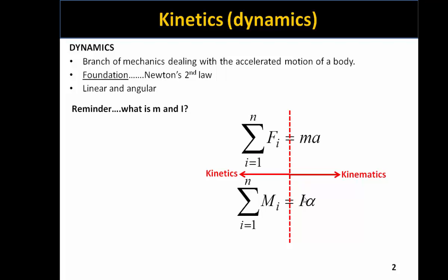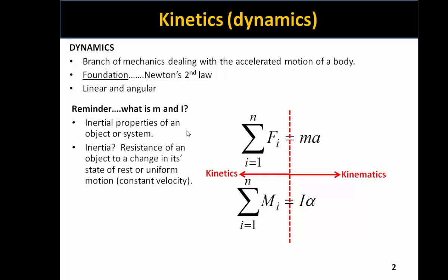The m and the I are multiples for these two kinematic variables, and you can even think about them as potentially a leading coefficient. That doesn't fit the exact term, but what we're doing here with acceleration, whether it's linear or angular, is we have to consider the inertial properties of an object or system.